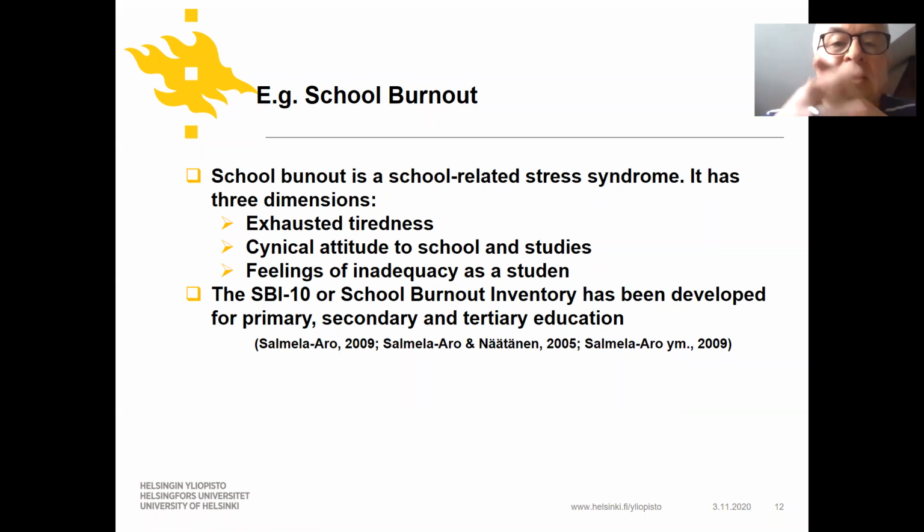Getting to more serious, real stuff. School burnout is a syndrome that Katariina Salmela-Aro at our faculty and others have studied for a long time. It's kind of stress in school, and they have analyzed this to find three dimensions.